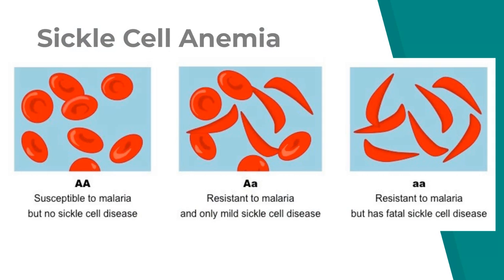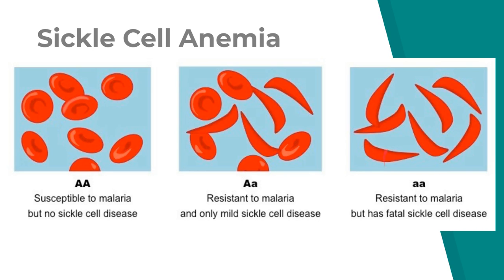In humans, you probably have already heard of sickle cell anemia. We've talked about it when we were talking about mutations. Most of us are homozygous dominant, which means that we have normal shaped red blood cells. If you are homozygous recessive, or little a, then you have all sickle shaped red blood cells.